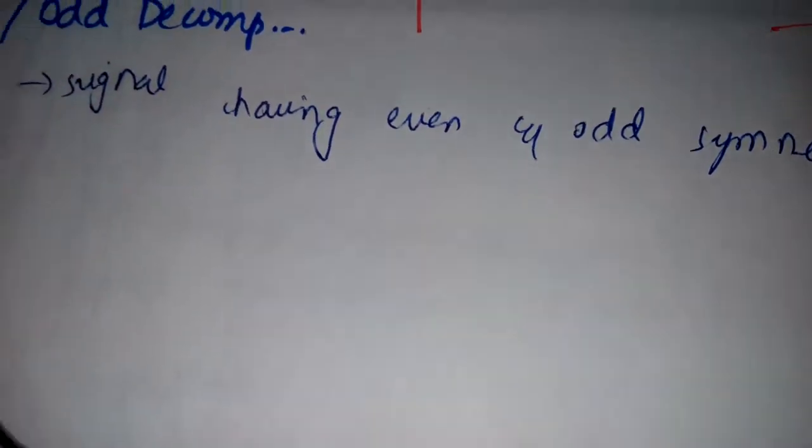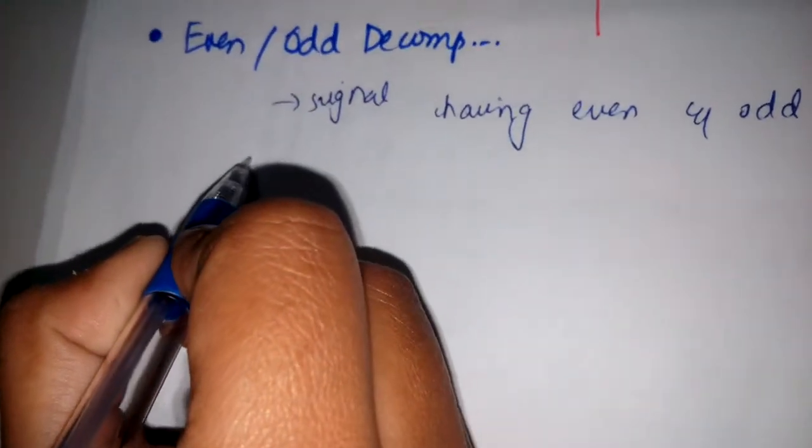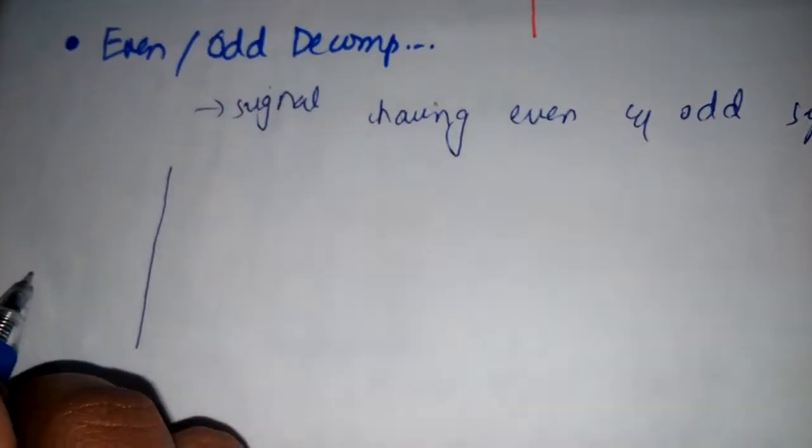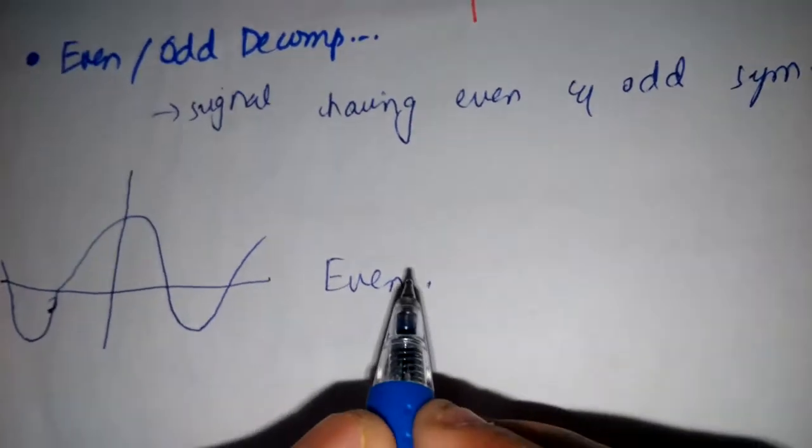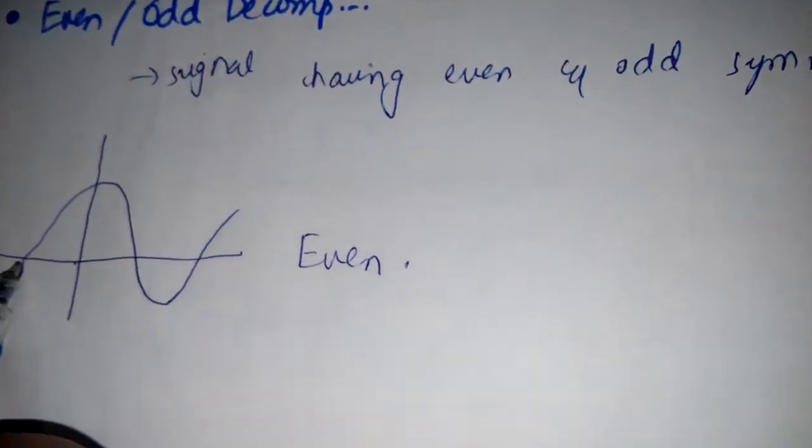If I have a signal like this, then it is even, because before 0 and after 0 it has the same shape.